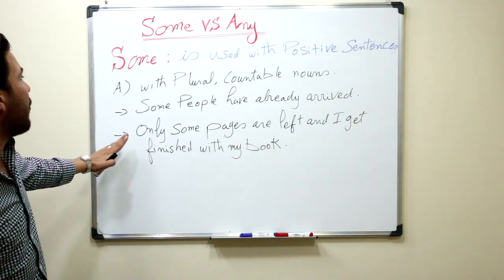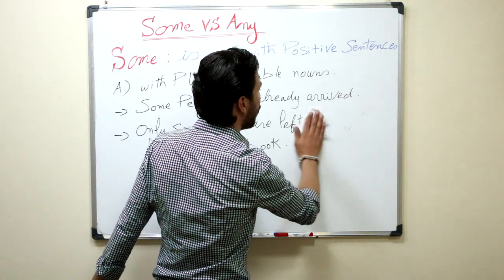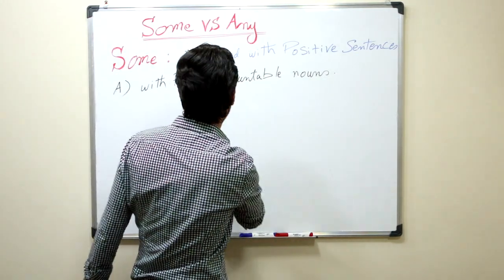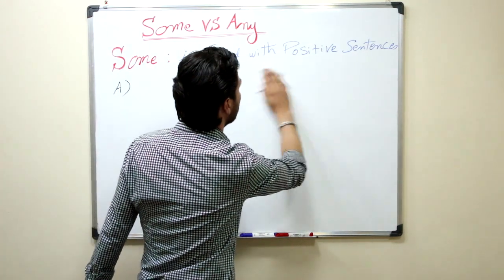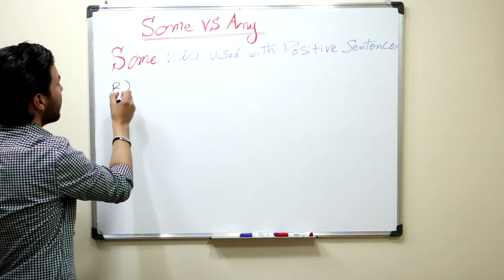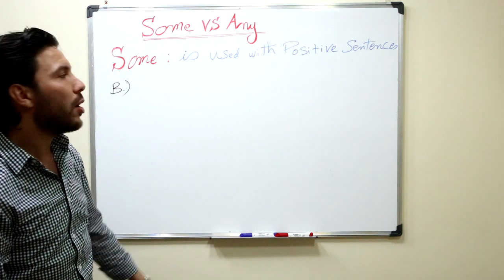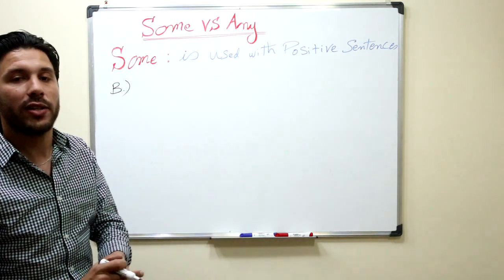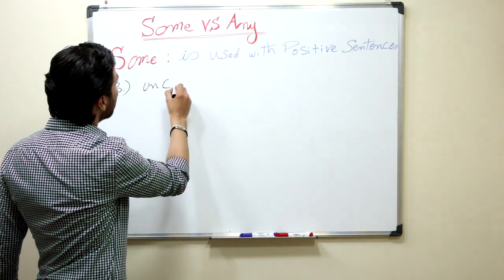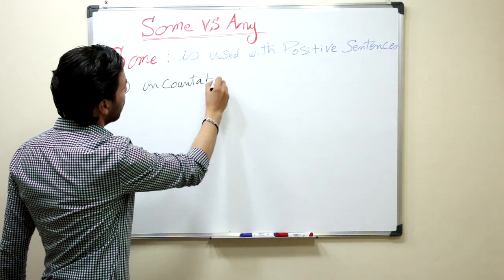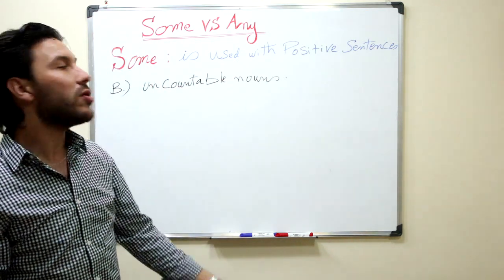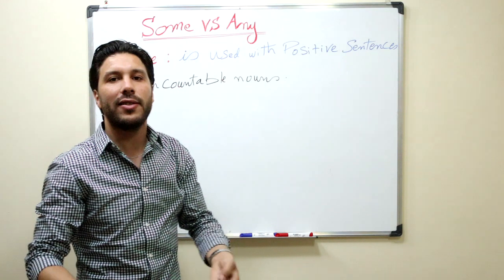Okay, if we have finished with this, let us move to rule B. With the first rule, that is A, we have done with countable nouns and of course plural. And here we are with uncountable nouns. Uncountable nouns are the opposite of countable nouns, means things that we cannot count.